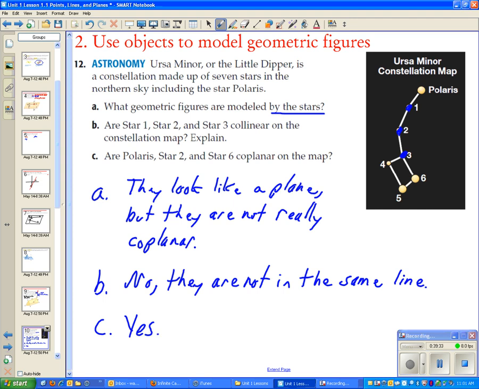Yes. All right. They want to know if 1, 2, and 3 are collinear. 1 and 2 are. They're on the same line. 2 and 3 are. They're on the same line. But you can't get a line that goes through all 3 of them. It would have to curve. So that's why it's no. Does that help?